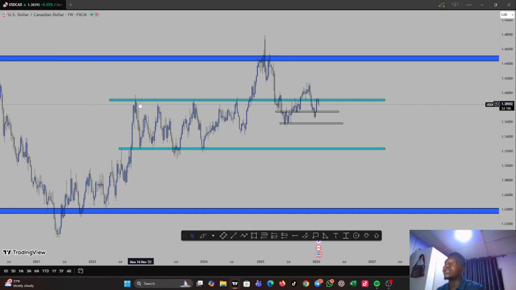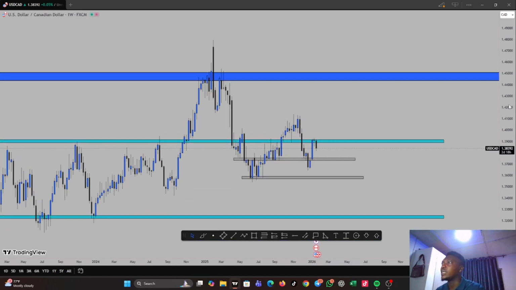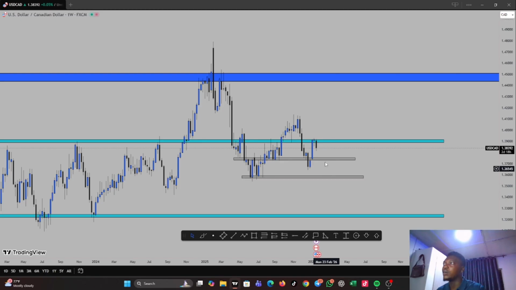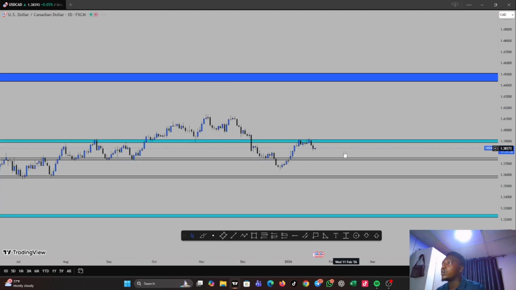Price had been trading below this level, we traded above, we came back inside, price went back there to retest this level, and now price is looking like it's ready to drop. So we can look for our short opportunity on USD CAD by going to a lower time frame.